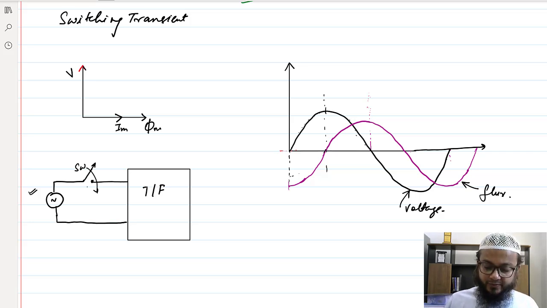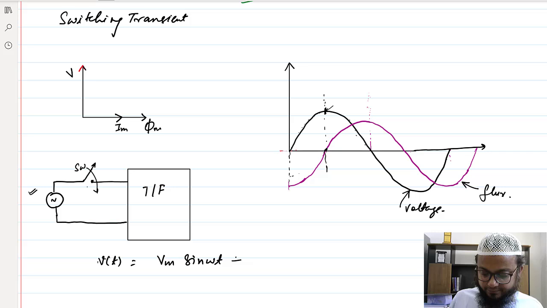Let's see how. Let's say we are turning on this switch SW at a moment when the voltage is exactly at 90 degrees. Let's say Vt is Vm sine(omega t plus theta), where theta is the angle at the time instant when I am turning on this switch.